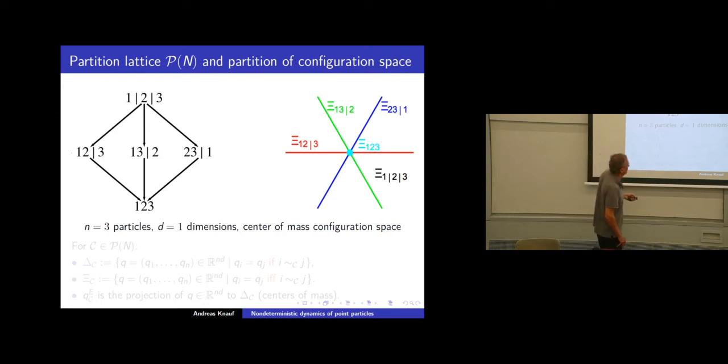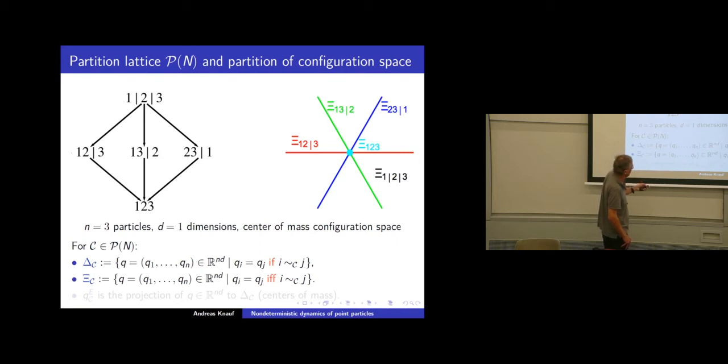Yeah? So now, if you have such a set partition, C, then you can associate with this the subspace, which I call delta C, in configuration space, where the i-th and the j-th particle have the same position if they are in the same atom.